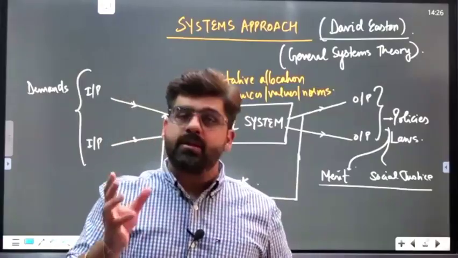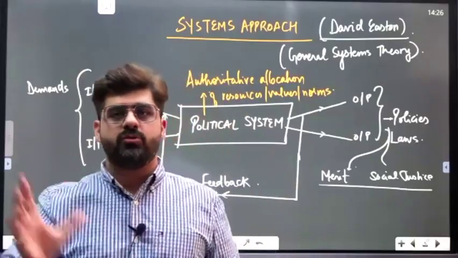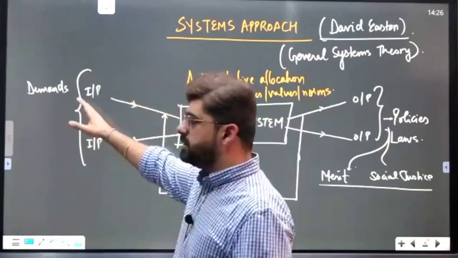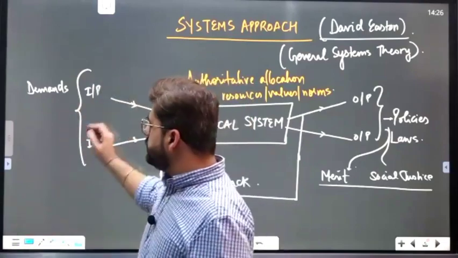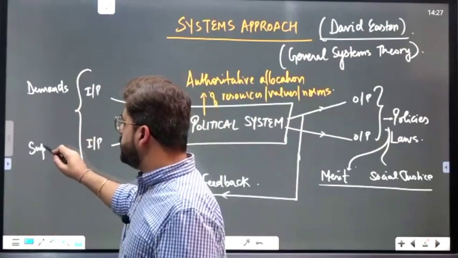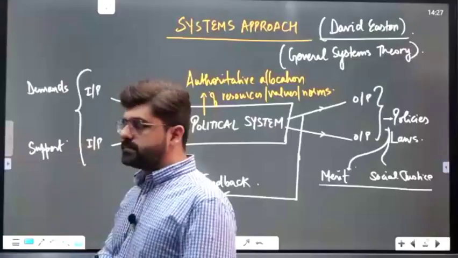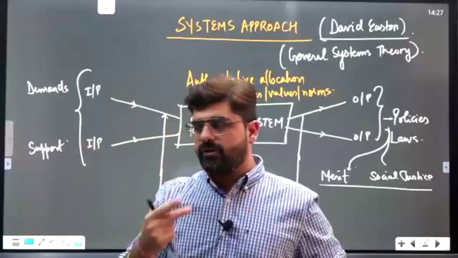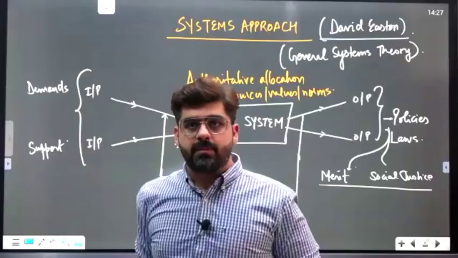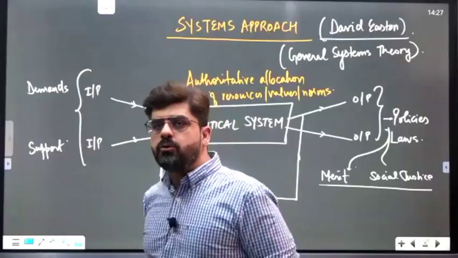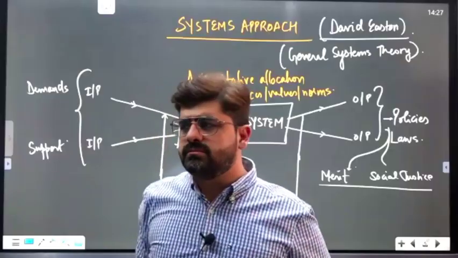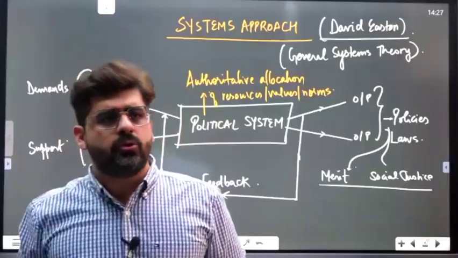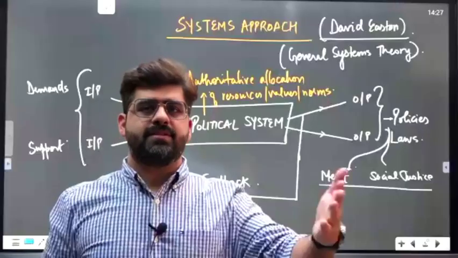So this simple process David Easton made very difficult: there is a demand. Demand is my input, and support is my input. There are two inputs. One is the demand, the general demands made by people. The other is the support, that okay, I support the system, that you do good work. For that, I am paying taxes.